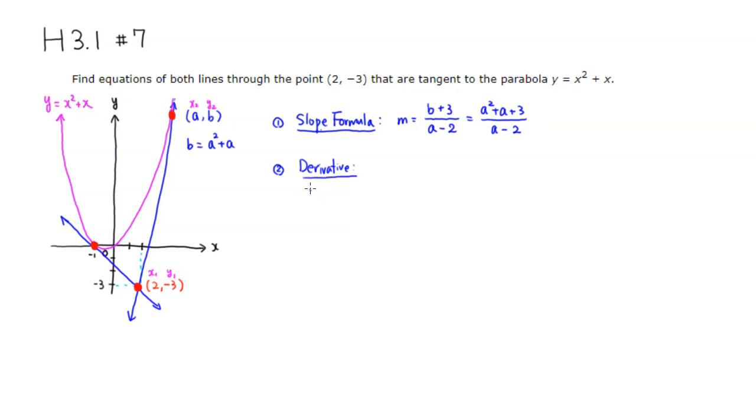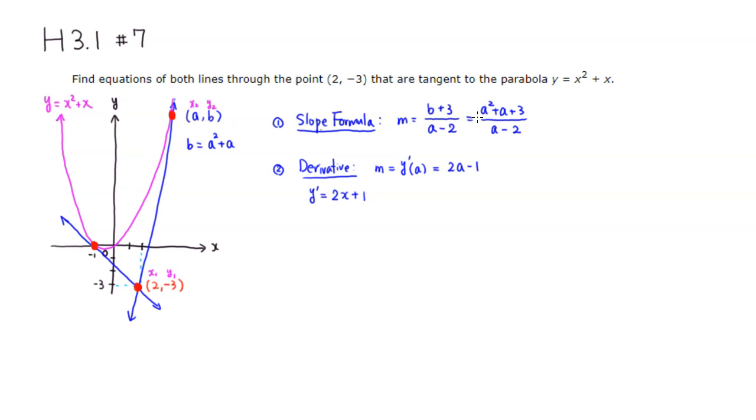So y prime is 2x, since we put the 2 in front and subtract 1 from the power, plus the derivative of x, which is just 1. So the slope m can be found by taking the derivative and plugging in the x coordinate of the point of tangency. This is 2a + 1.